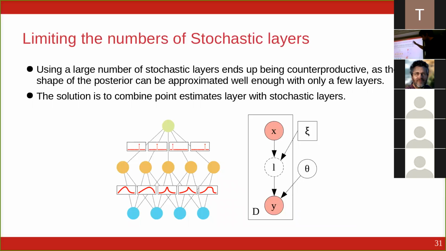The initial point estimate transform can be seen just as a transform you are given. Well, you are learning it, but from a statistical point of view in your model, that's a deterministic function that is given. Like that, you can simplify the management of your Bayesian neural networks.